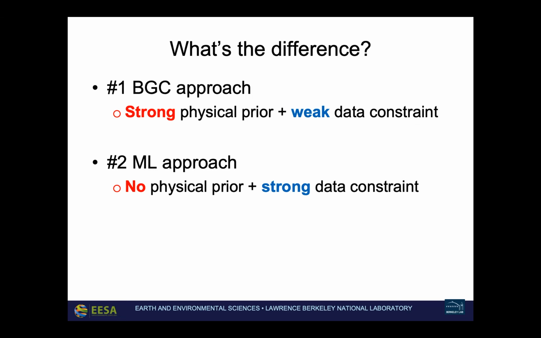However, you have a very weak data constraint, because if you have ever worked with a BGC model, you know how messy it is to calibrate the model at sites, particularly when you have 81 sites. And for the machine learning model, most of the time you don't have any prior, you don't have any constraint, meaning no physical knowledge at all. However, you rely totally on the data, so you have a very strong data constraint. What does it mean?